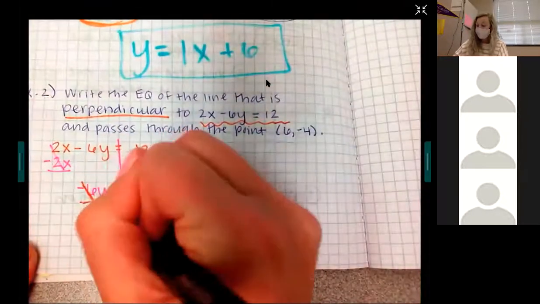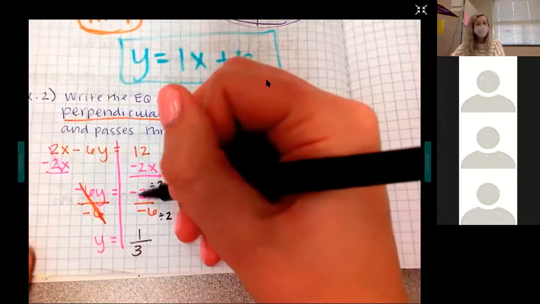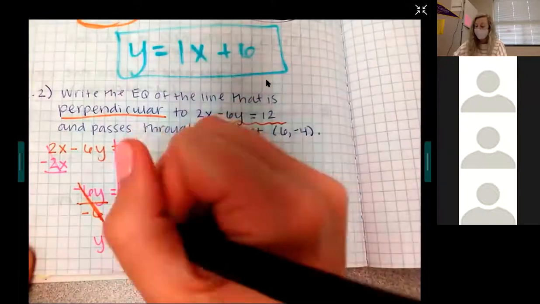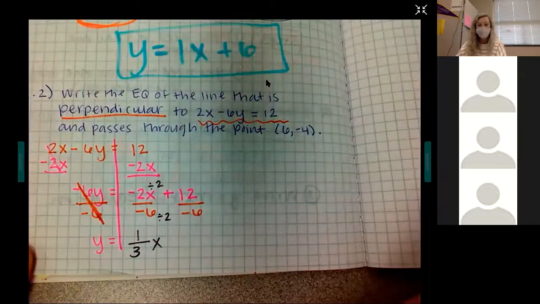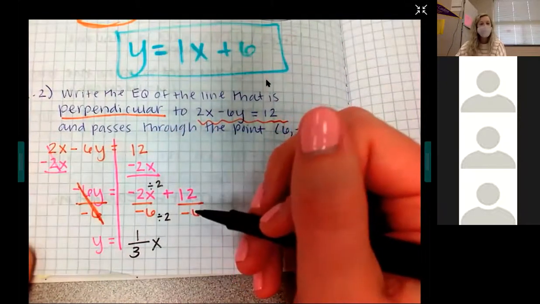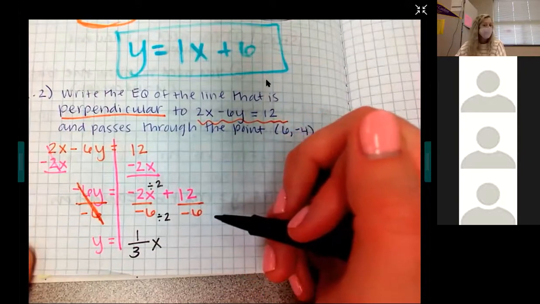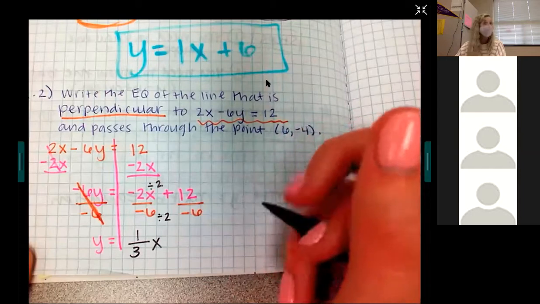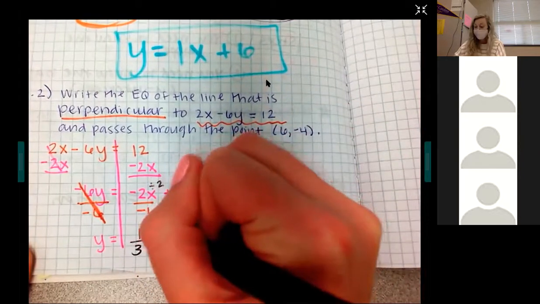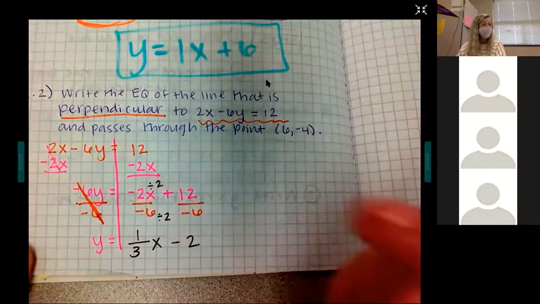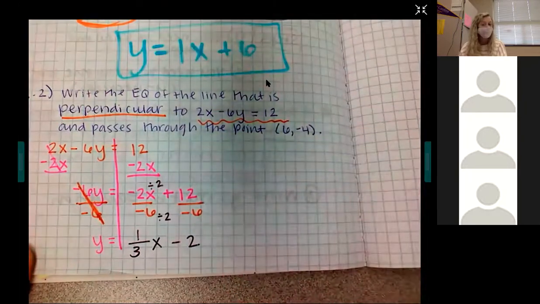You get 3. And now look, what's a negative divided by negative? Positive. So this is 1/3 x. And then what is positive 12 divided by negative 6? Negative 2. 6 goes into 12 twice, and it should be negative if the signs are different.